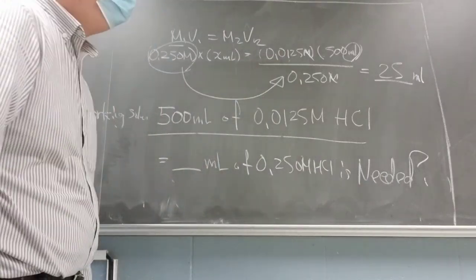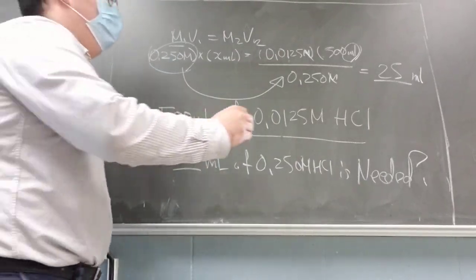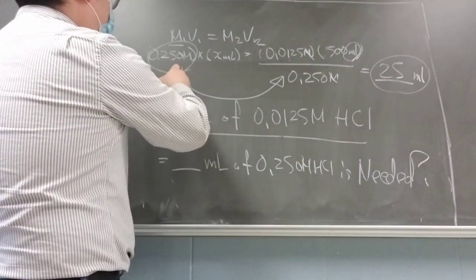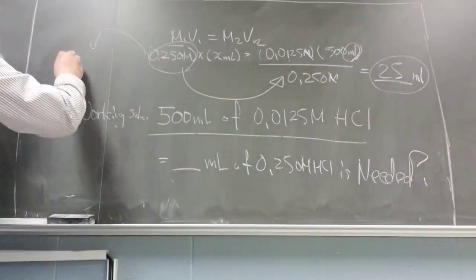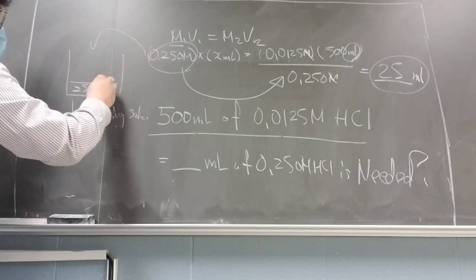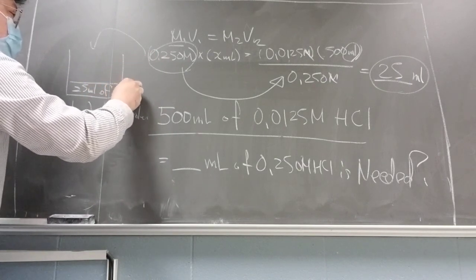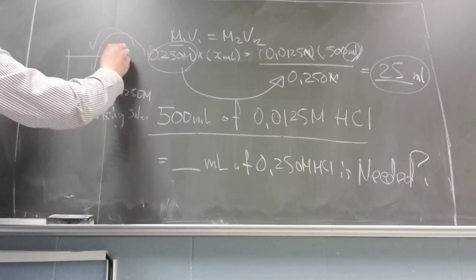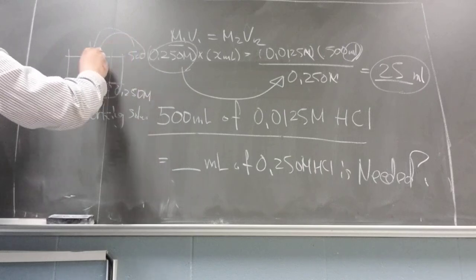Okay, so it's 25. So that means you have 25 mL of stock solution, which is this one, and put it in the beaker. So you have 25 mL of 0.25 molar concentrate, and we're going to put in the rest to get 500 with water.